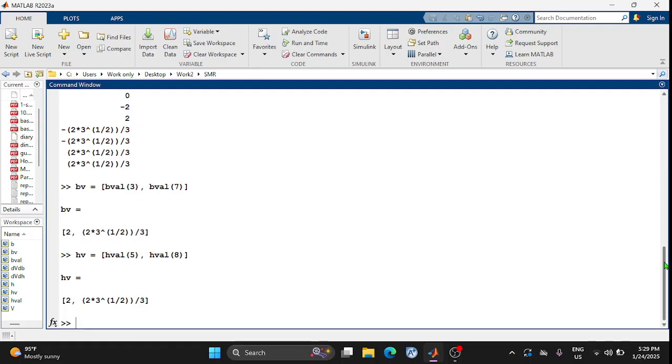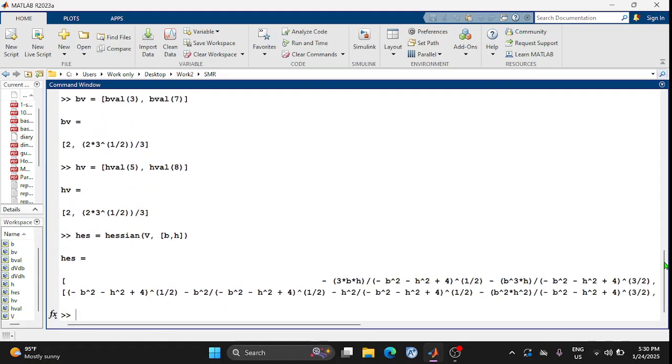Now to check which will be the maximum and the minimum, let us find the Hessian matrix of the equation. We have the MATLAB inbuilt function hessian, and we are going to find it for the volume expression. It has 2 variables, B and H, so we just find the Hessian. You see we have a long matrix with 4 entries.